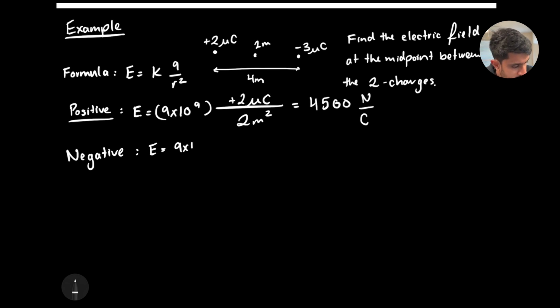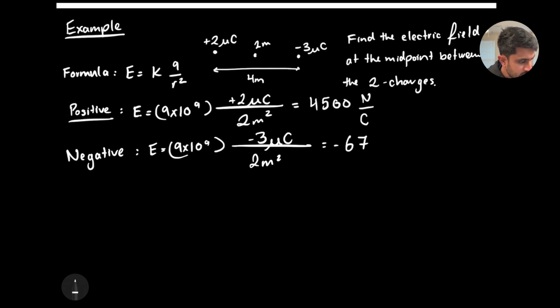We can do this for the negative charge as well, where we have E equals 9 times 10 to the ninth times minus 3 microcoulombs over 2 meters squared. That's going to give us a value of minus 6,750 newtons per coulomb. Now, since we know that there are two electric fields, we can simply add both of those up to get the net electric field. This is called the superposition rule of electric fields.